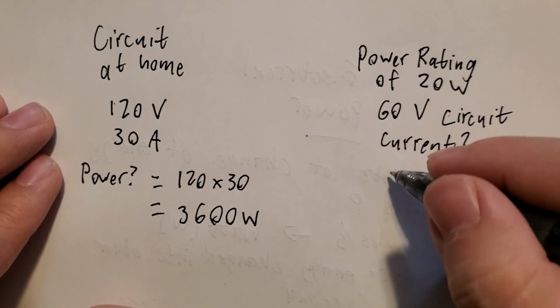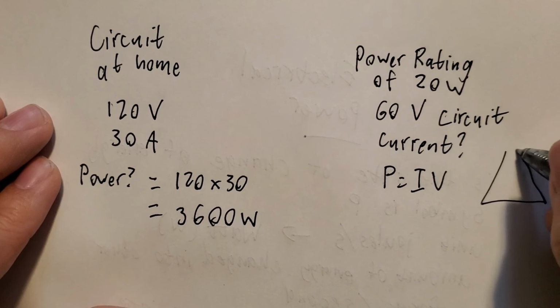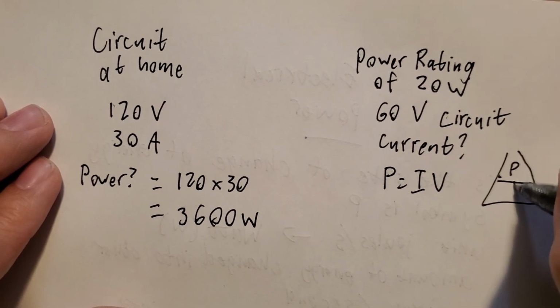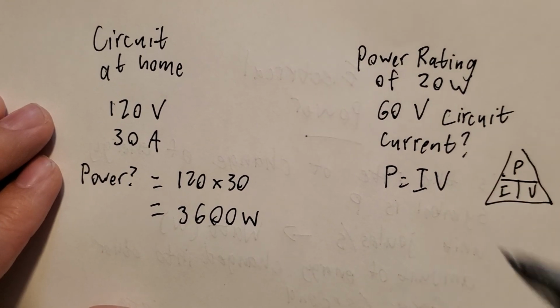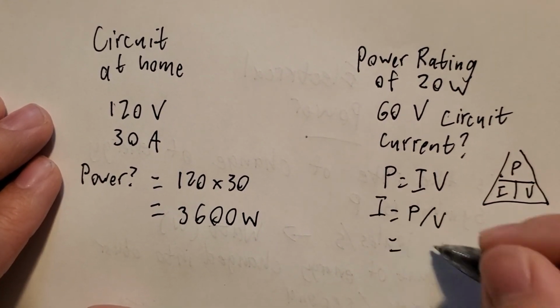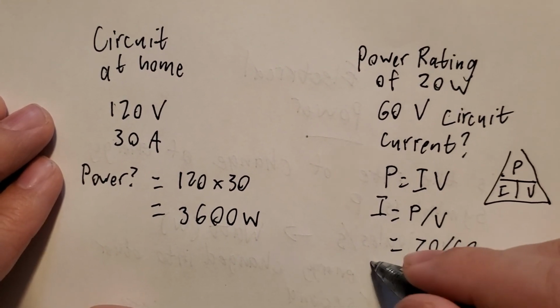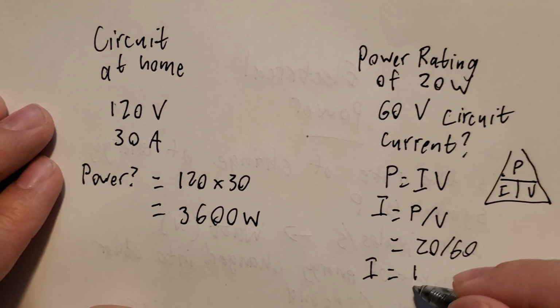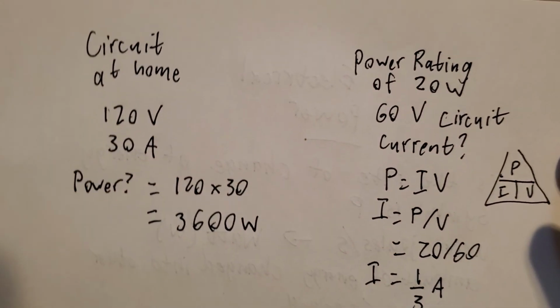Well, in that case, you would look at your P equals IV, or your triangle of science, and you would cover the I, and you would see that we need to do I equals P over V, which equals 20 over 60. So our I in this case would be 1/3 of an amp.